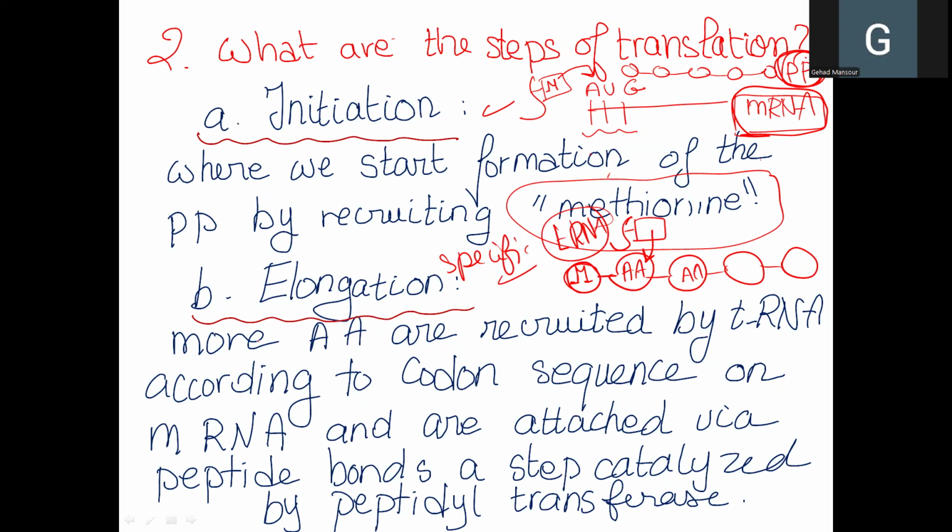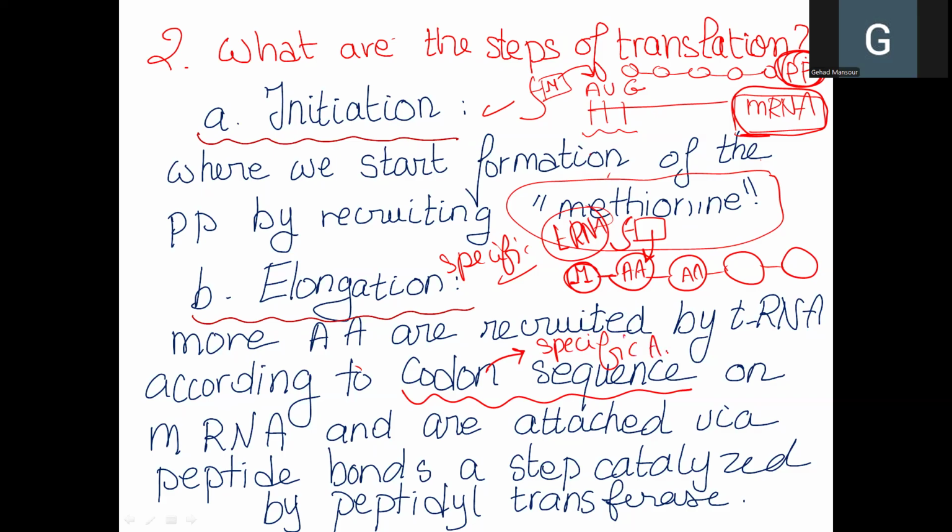So elongation is the process by which more and more amino acids are recruited to the ribosome by transfer RNA. Recruited randomly, added in whatever sequence? No, it is according to the codon sequence, because every codon codes for a specific amino acid.